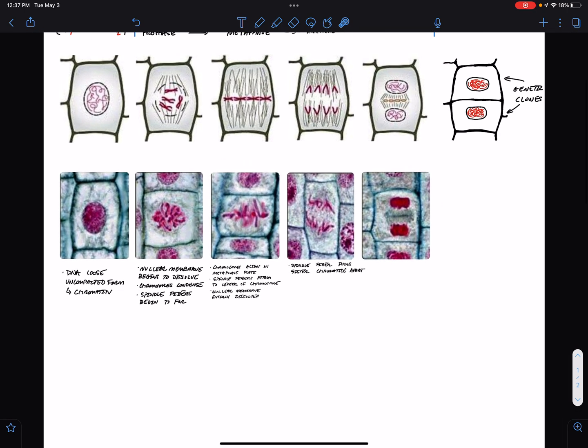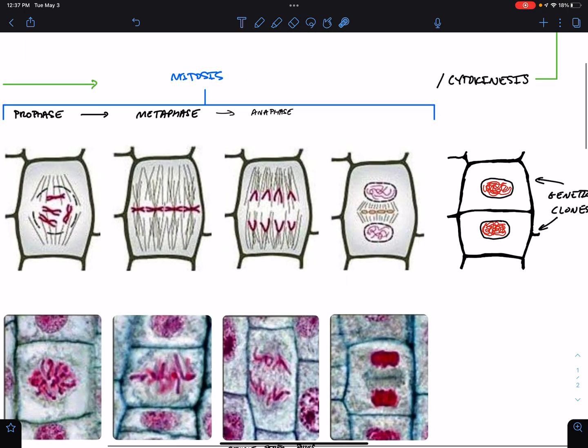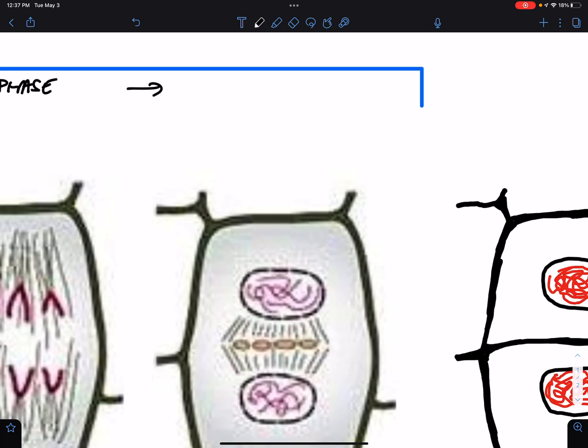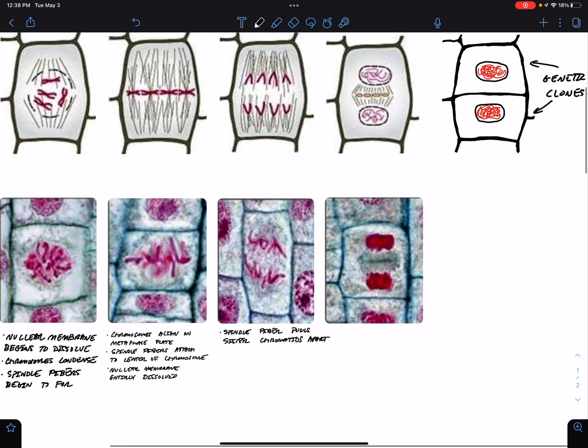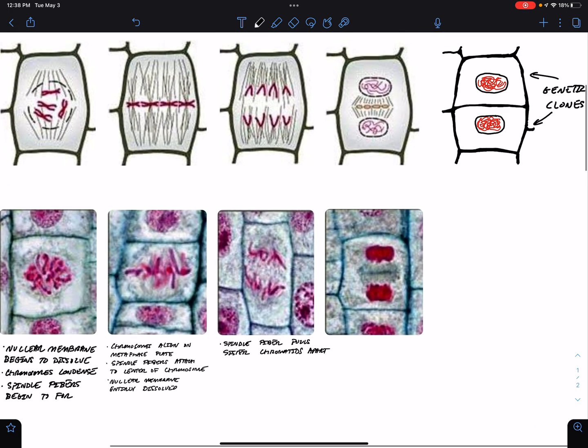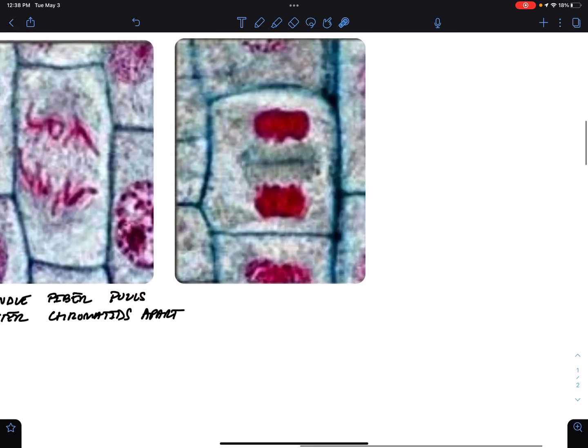And then the last phase of mitosis is called telophase, or some people say telophase. And you'll notice in telophase the nuclear membrane is starting to reform.